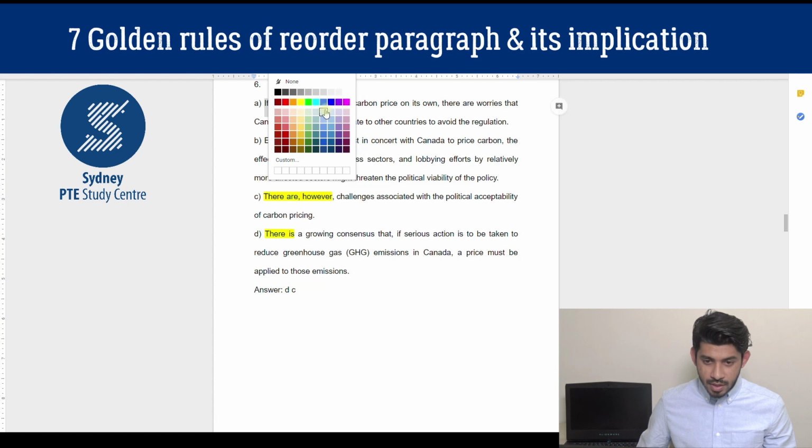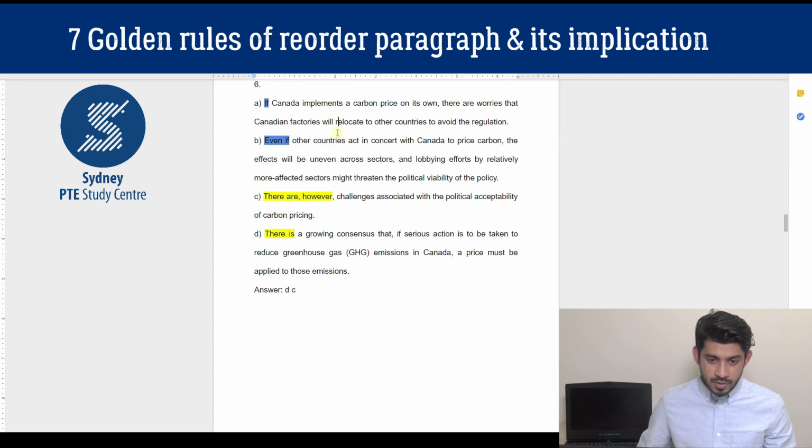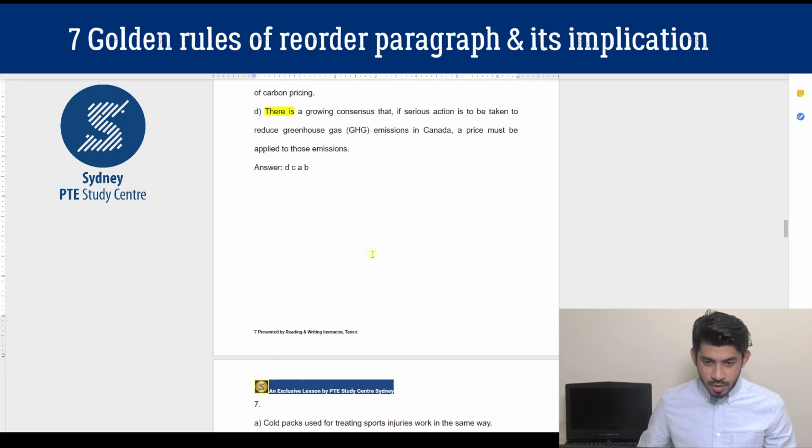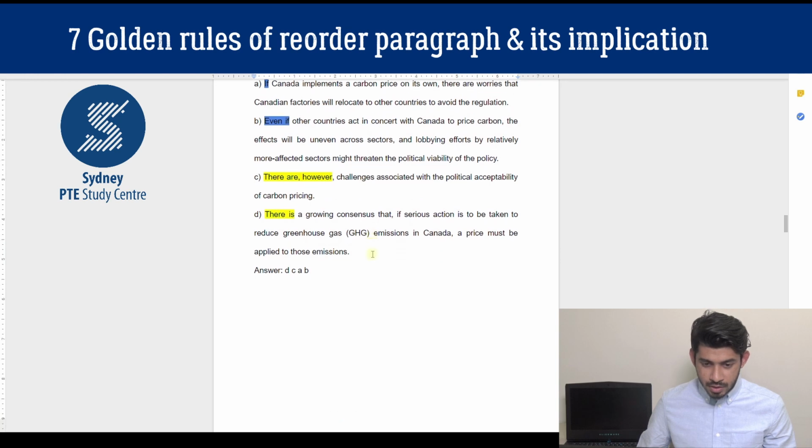As you can see, both the sentences started with if and even if. You know that if comes first, then even if. So A and then B. So looking at these 4 words, you can give your answer. If you're very good with the word clue, it takes even less than a minute to solve.